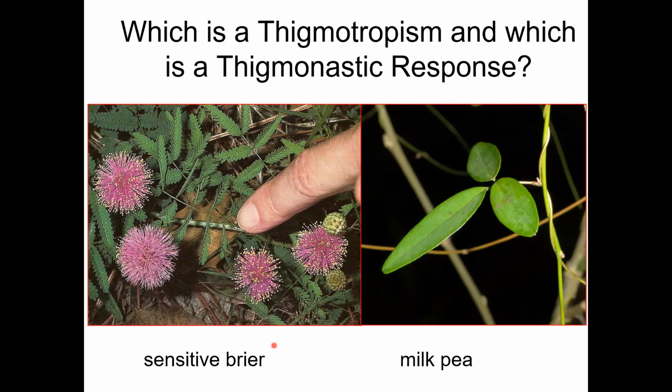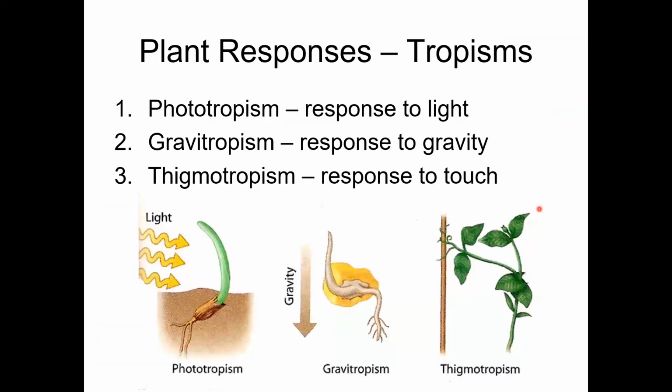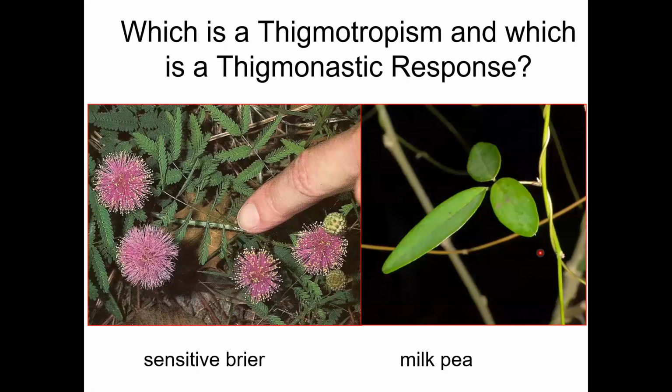I've kind of already spilled those beans. These are both legumes, and this is actually a thigmotropism, very much like what's going on on the right-hand side of this slide. The same response. This is a galactea or milk pea, responding with a thigmotropism type of pattern of growth.